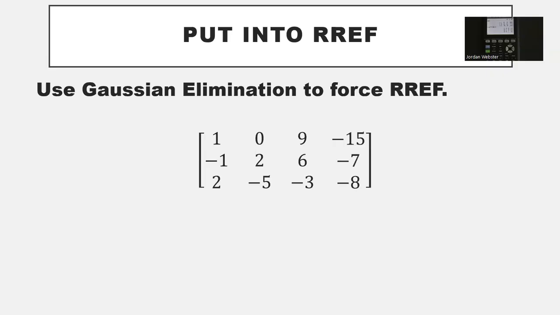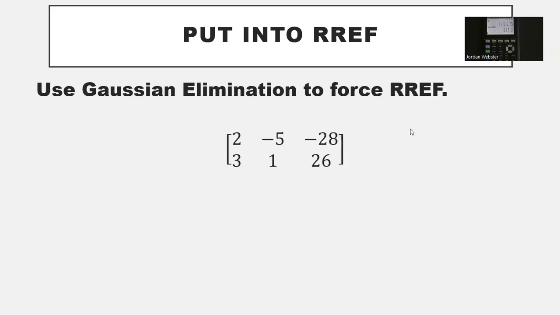Now there's one other way to do Gaussian elimination on our calculator, and that's to do it step by step. So obviously I put this matrix in row-reduced echelon form, or I found the row-reduced echelon form of that matrix. But we could have also done Gaussian elimination in a step-by-step manner.